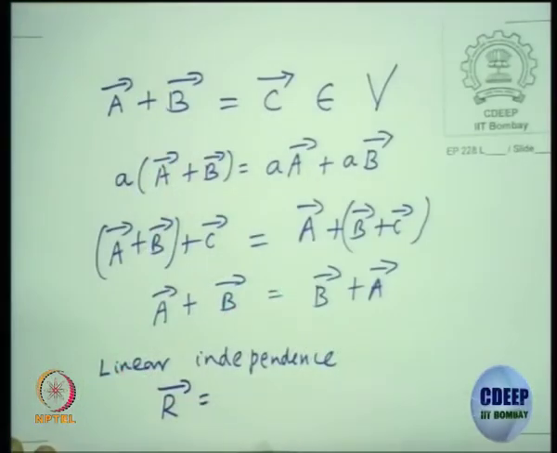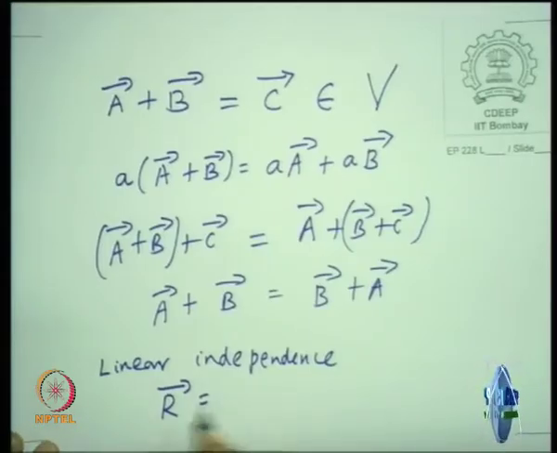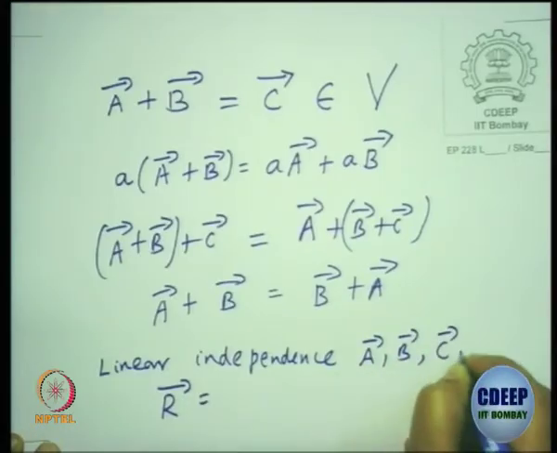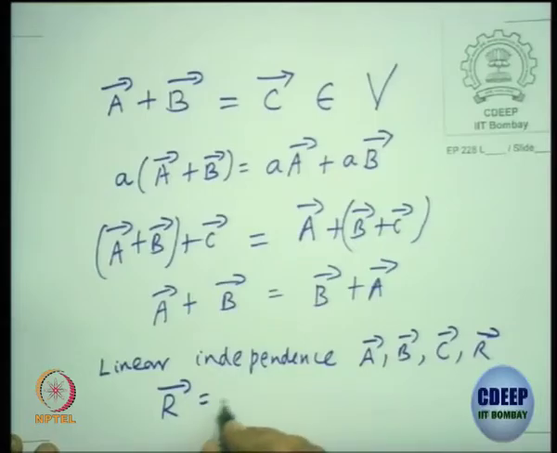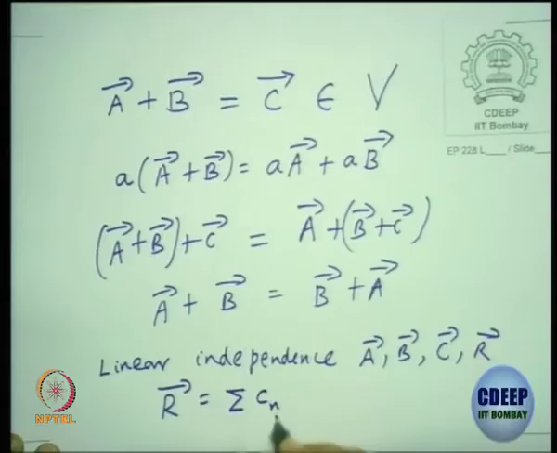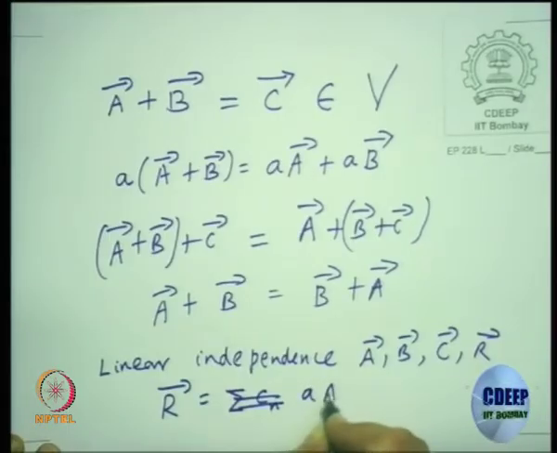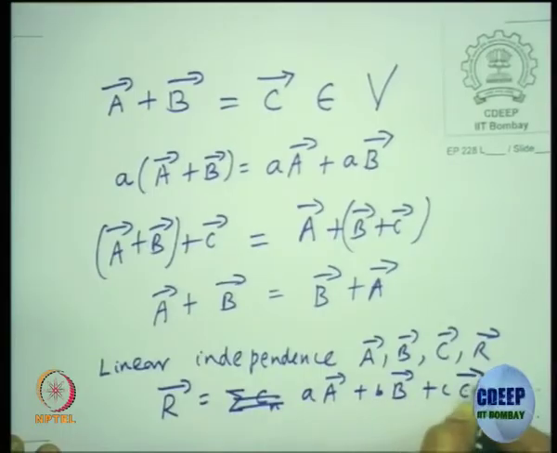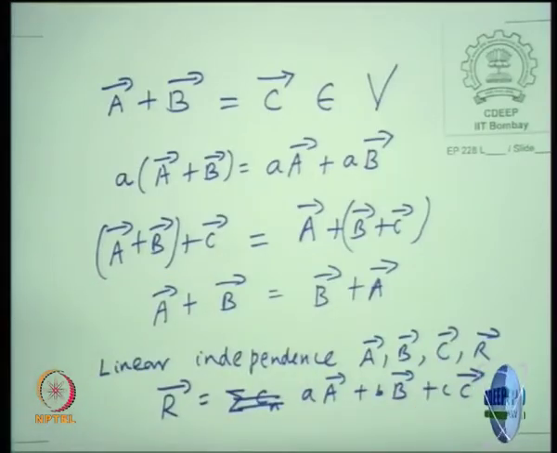Okay, so there the condition is that if you give an arbitrary vector R, if I write this as A, so suppose each of those are given, and if this arbitrary vector R is a linear combination of those vectors, or if you are given a set of vectors A, B, C and R, and if R is some linear combination, let us say, A times A plus B times B plus C times C, and if these coefficients A, B and C are 0, then you would say that the set is linearly independent.